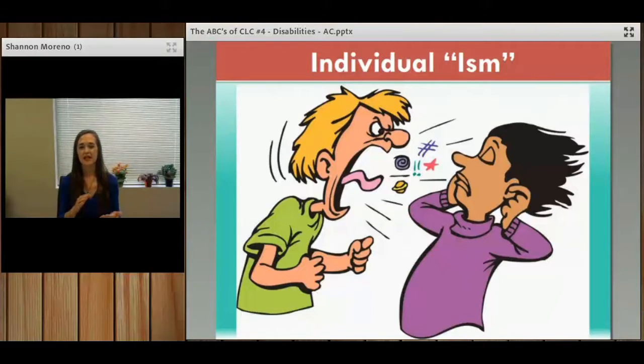This is the direct person-to-person discrimination or oppression, saying something that is inappropriate, whether that was the intent or not. This is typically what people think about. And this is absolutely something that is important to take into consideration.